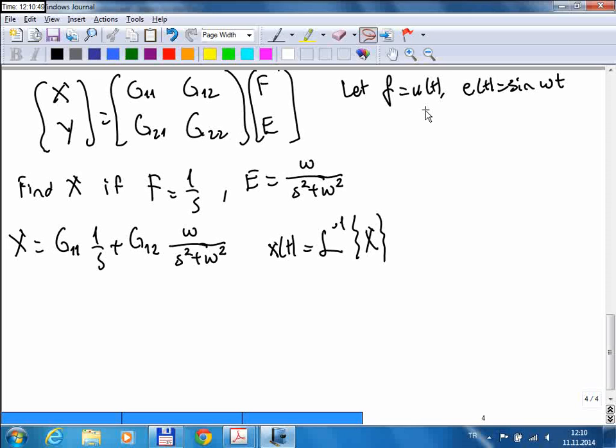Should we only do that in the time domain and then find the block diagram, or can we do the transfer functions like F over X, two inputs, two outputs? Can we do that? Yeah, you can do that too. Well, the thing is, the block diagram representation is not unique.